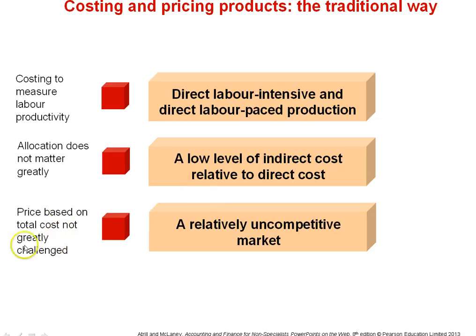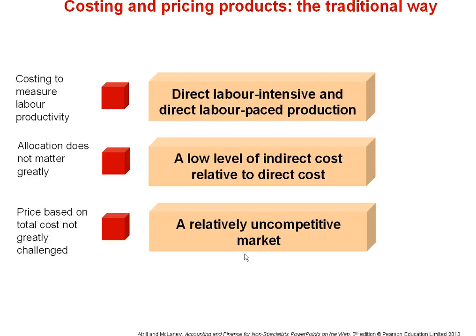So the price based on total cost in an uncompetitive market was not greatly challenged. Businesses would say, well, that's the full cost, and therefore that's the price you pay. It became a sort of accepted way of pricing a product, and the government accepted this as a way of pricing projects.